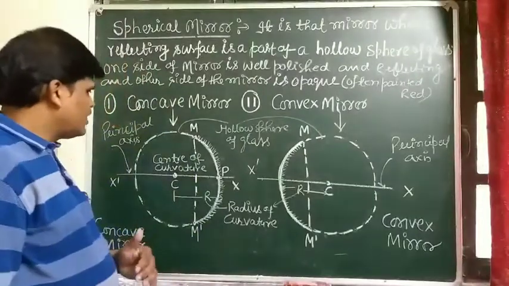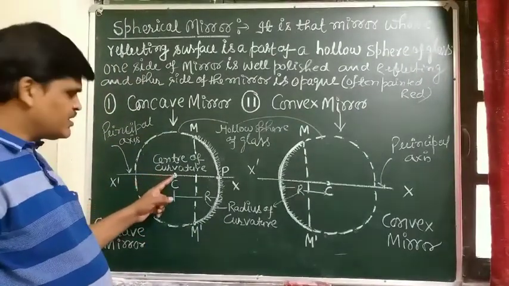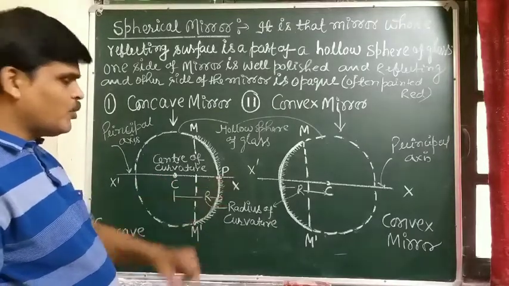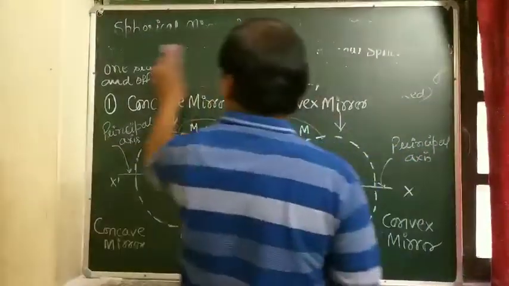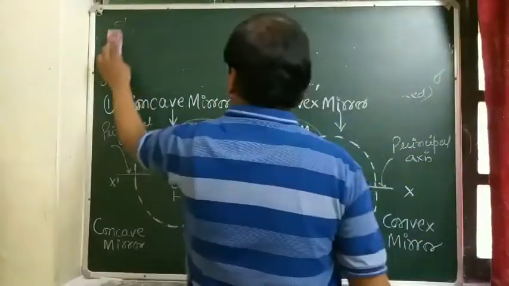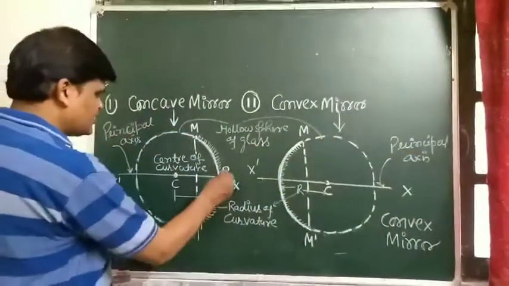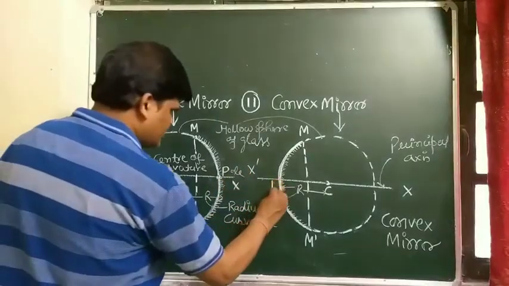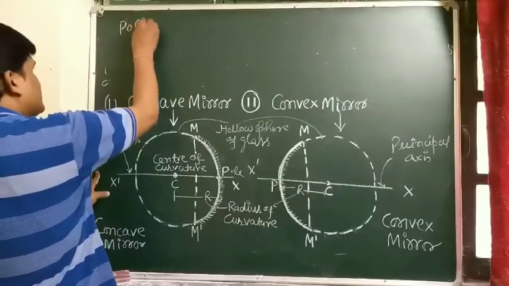Now student, I am going to explain what is center of curvature, radius of curvature and pole of a spherical mirror. So the first one is what is pole of a spherical mirror.